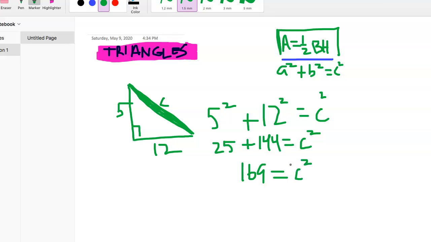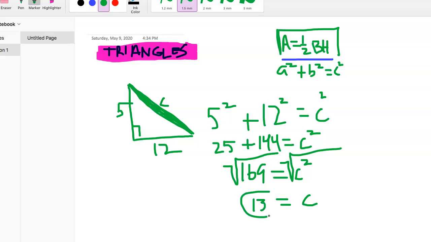And from here, we need to get rid of that square, right? So that's our friend, the square root. We'll get rid of the square, and whatever we do on one side, we always got to do on the other. It happens that the square root of 169 is 13. Another way of saying it is 13 times 13 is 169. So c, that's our answer, 13.